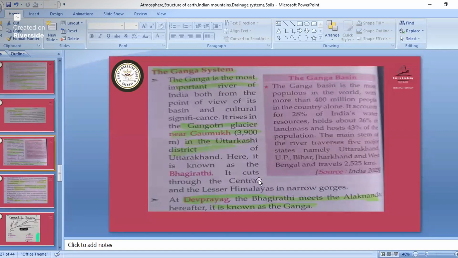In the Ganga, you must know about its tributaries, where they join and what names are given. At Devprayag, Bhagirathi meets Alaknanda, and that name is given as Ganga.